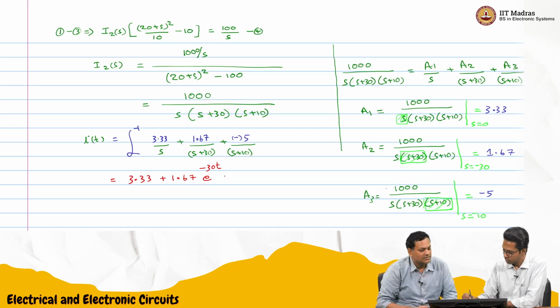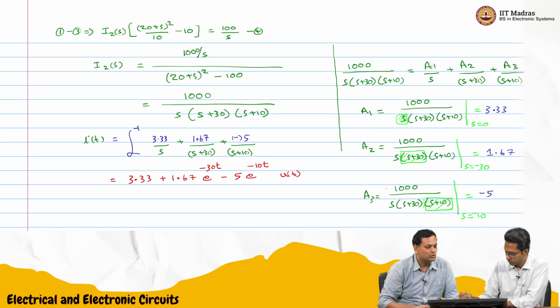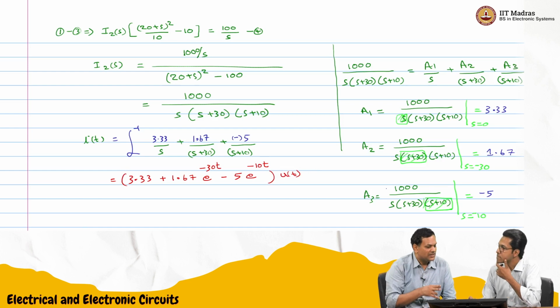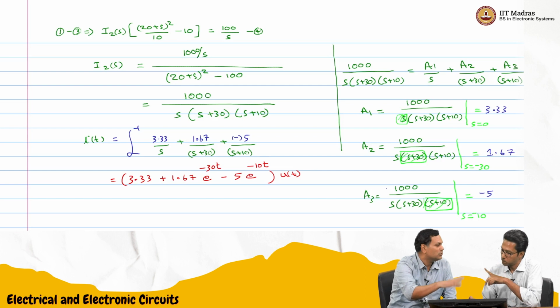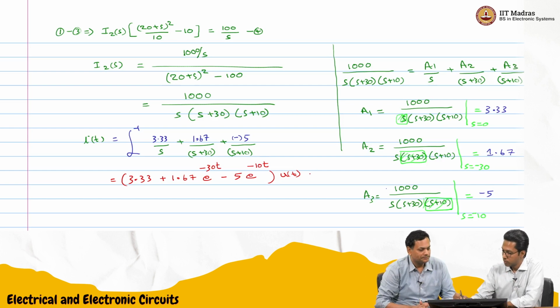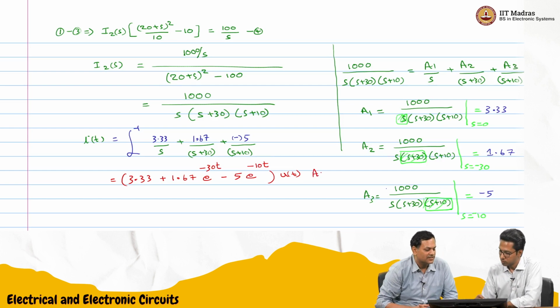And then you have minus 5 e power minus 10t, u of t. So u of t goes common to everything, because 1 by s plus a was the Laplace transform of e power minus at u of t. So u of t is common to all functions, in amperes.